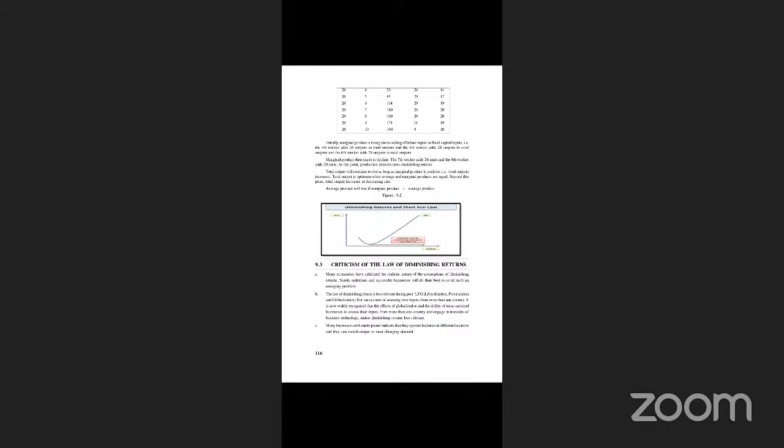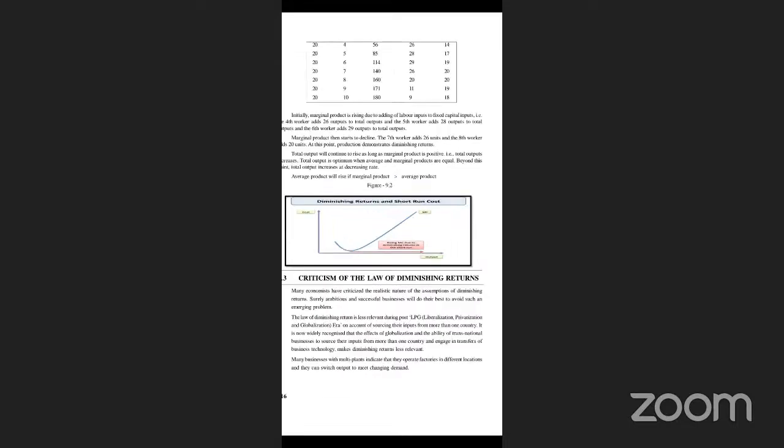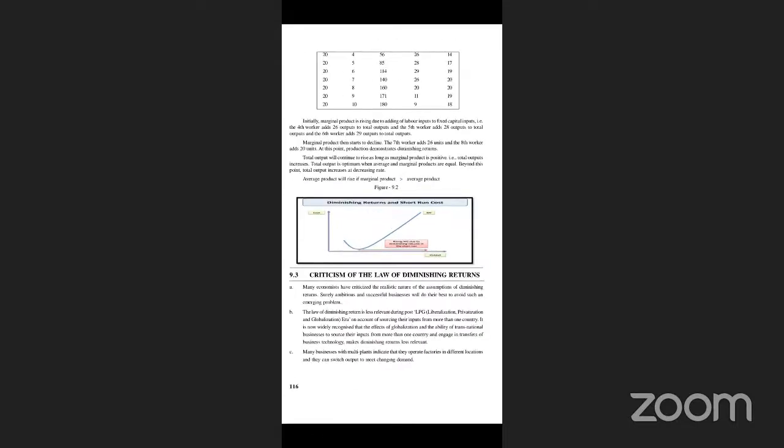During this journey, you can see it coming up to 29 as the maximum marginal output. 26, 29, 28 are the maximum limit it could touch, followed by a decline up to 9.